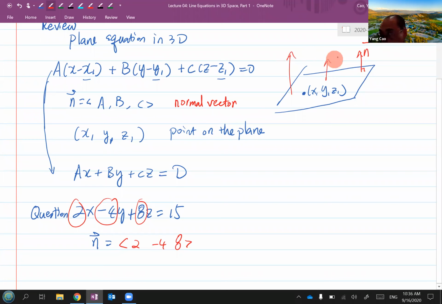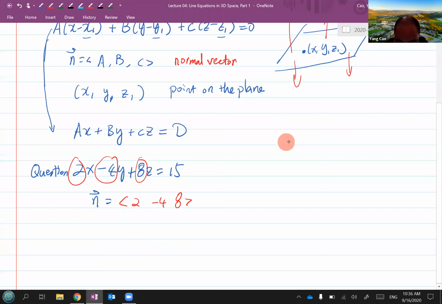They all point in the same direction, maybe actually pointing down, right? The only difference is a difference of scale. So if you look at the first question, this question here, 2, -4, 8 is one. If I scale it, doesn't matter how you scale, you divide by a number or you multiply by a number, it's still a vector normal to the plane.